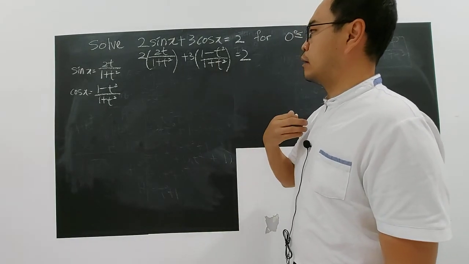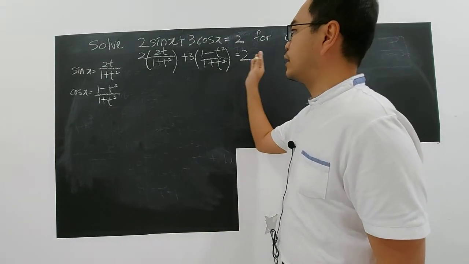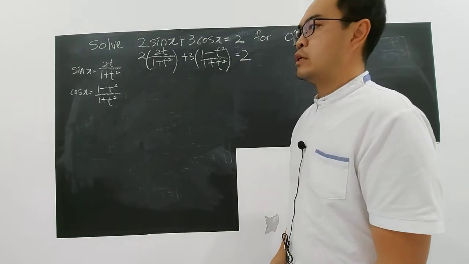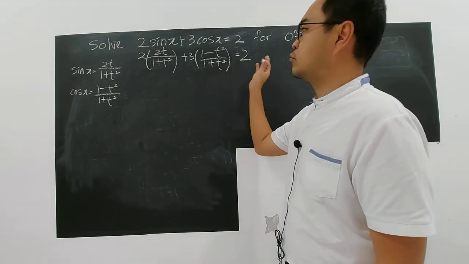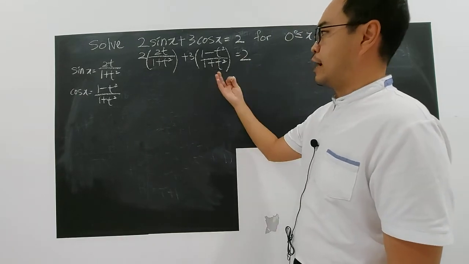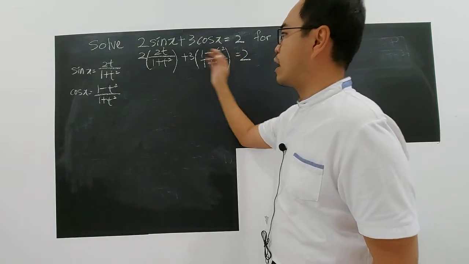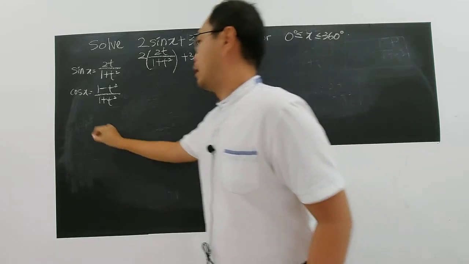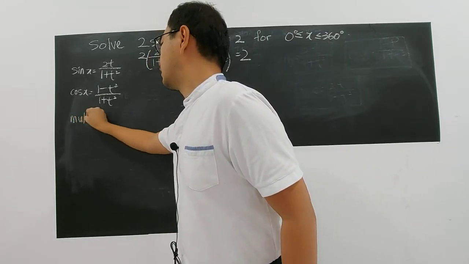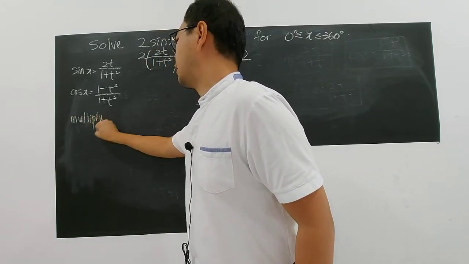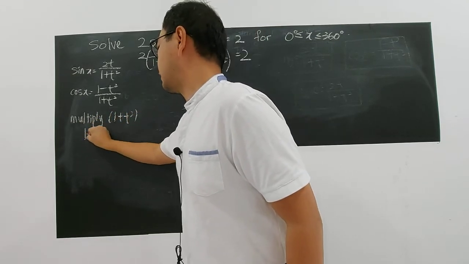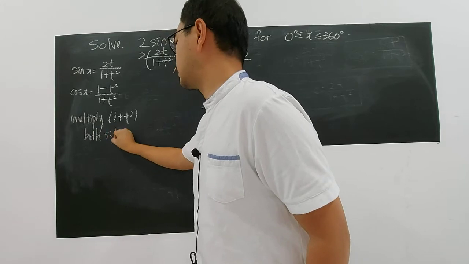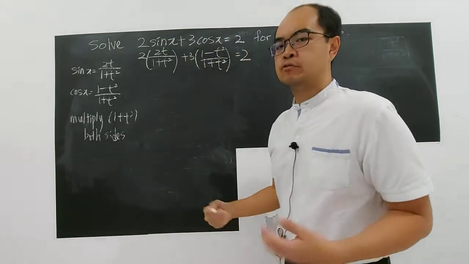My method is to multiply the equation through by 1 plus t squared, on both sides, all right? Both sides.